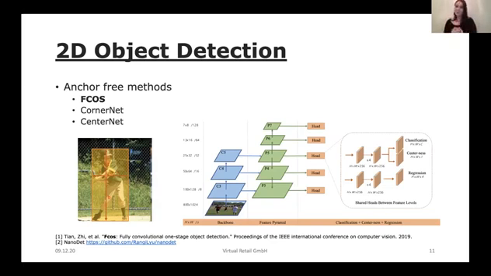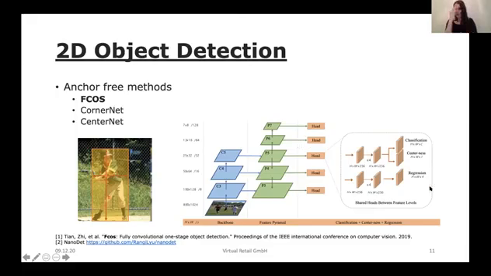So the third category is the anchor-free method. Because they don't require anchors, it's potentially more flexible for object scale and aspect ratio. So they still have the same structure: you get the input image, you go through the encoder, and then these features are passed through the feature pyramid, and then you pass through to the head.